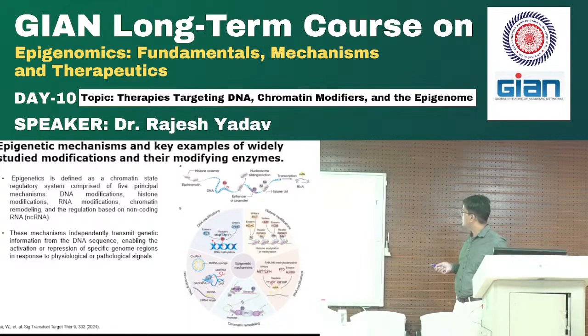This is just showing you a cartoon where you have euchromatin, which is highly transcribed. You have heterochromatin also, and you can have nucleosomes which can be evicted or slid, all those things you can do, and you also have enhancers and promoters that can play a role.